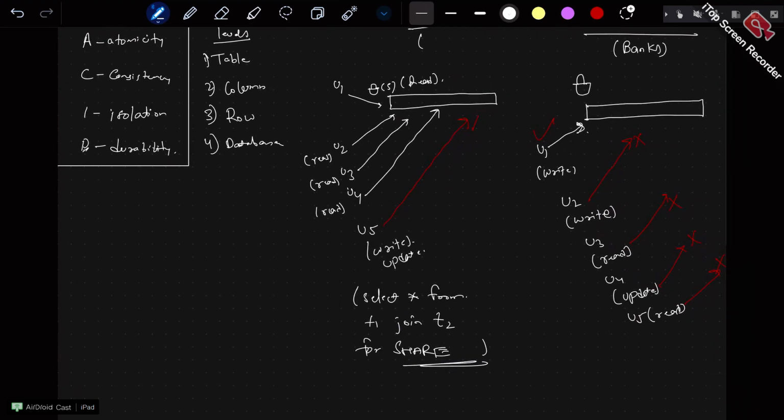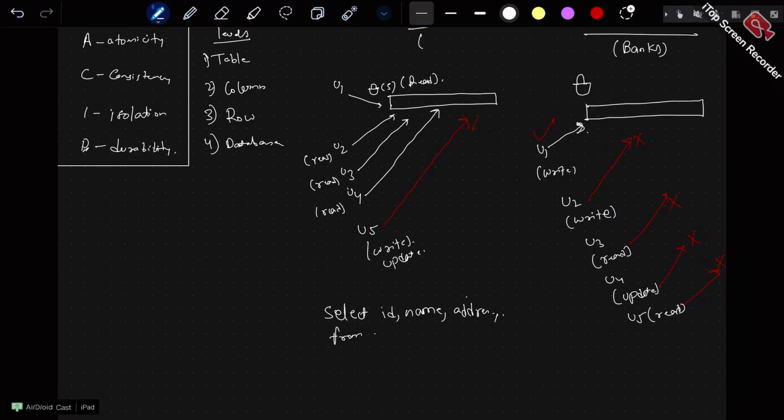Just a minute, let me write it down in a better way so that you can understand. You can write select id, name and then address and whatever columns, from users u join address a on u.id equals a.u_id, where the id is equal to 50, for share.